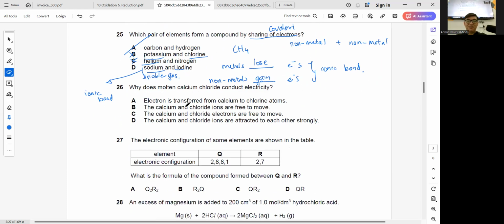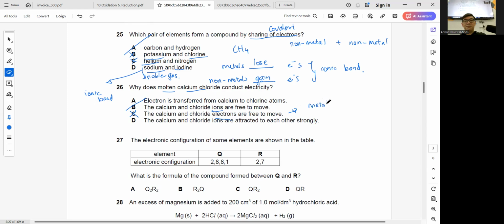26. Yeah, both incorrect. If it's not C, then it must be B. B is correct. The difference is ions. In molten calcium chloride, it's ions that are free to move. Electrons are not free to move. Electrons are free to move only in what?